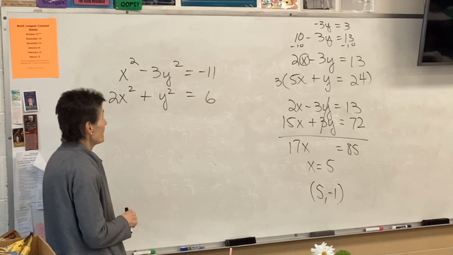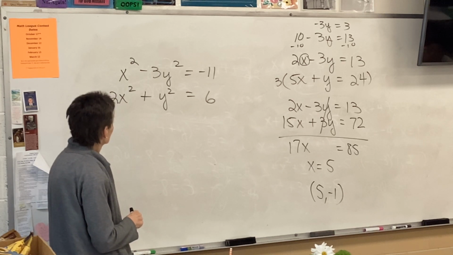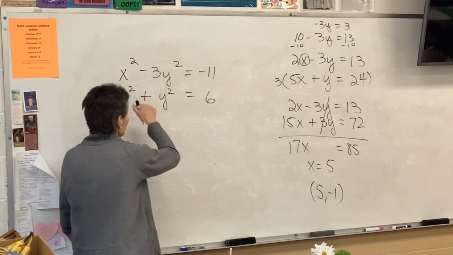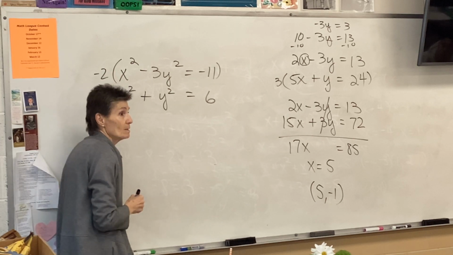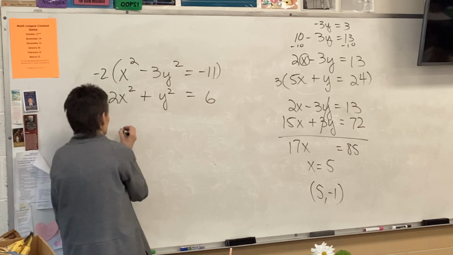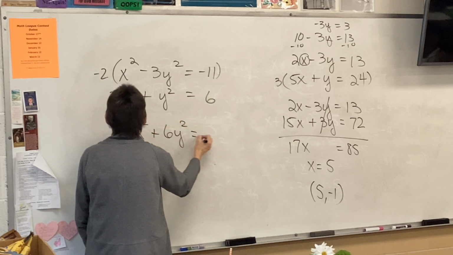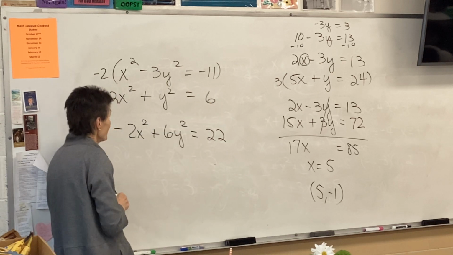So we've got to eliminate. What do you want to do? If we do the top one, you're going to have to multiply by negative 2, everybody understands that, right? So negative 2x squared plus 6y squared equals 22. You're multiplying all the way across by negative 2.